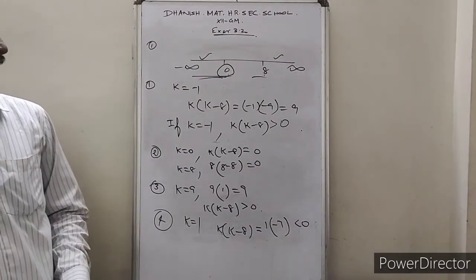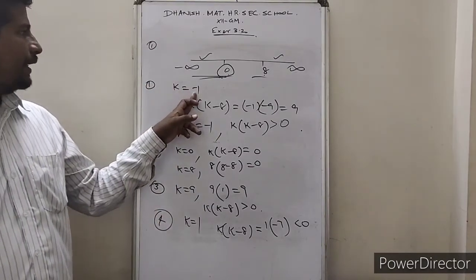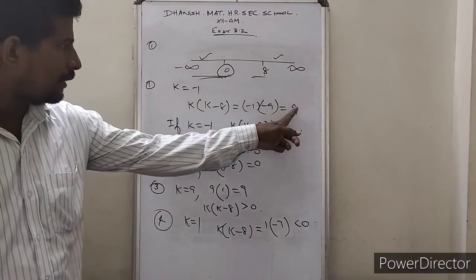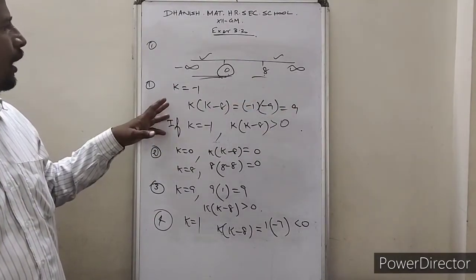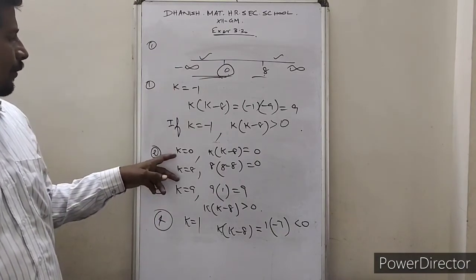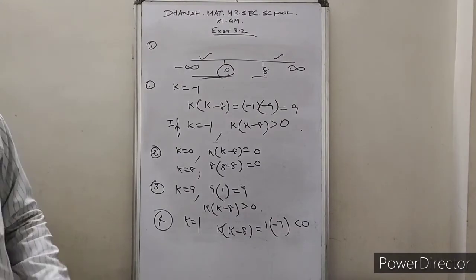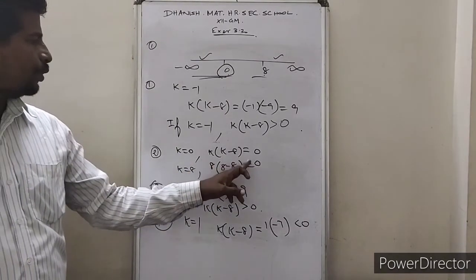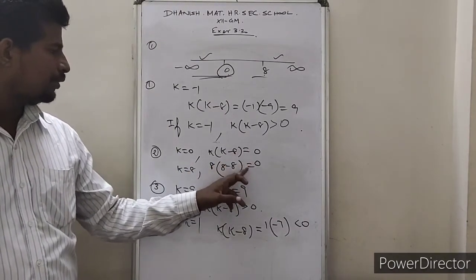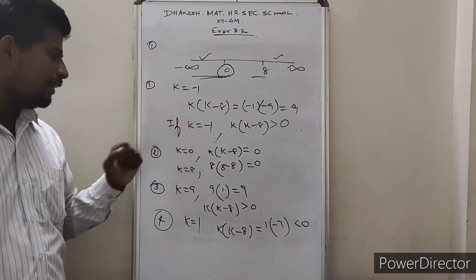So here we got 4 results. When k is less than 0, our discriminant is greater than 0. So our roots are real and distinct. When I take k as 0 and 8, our discriminant is 0, so our roots are real and equal.